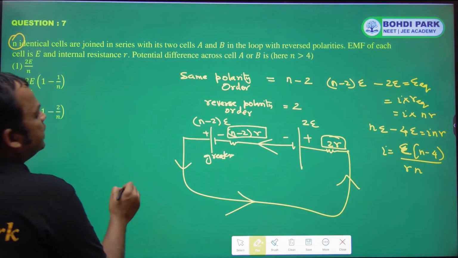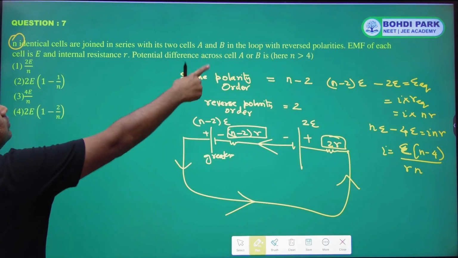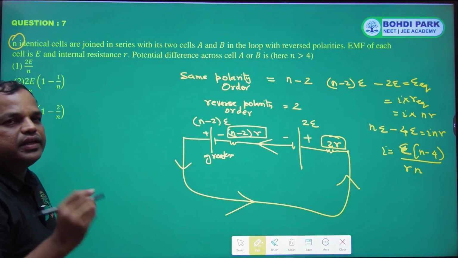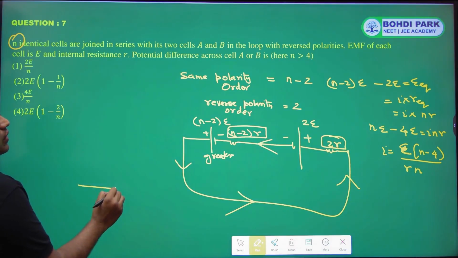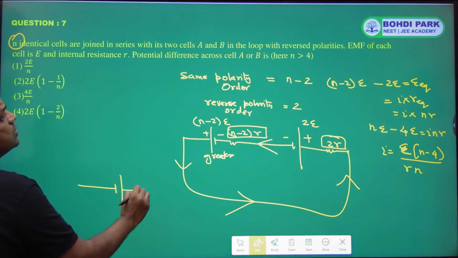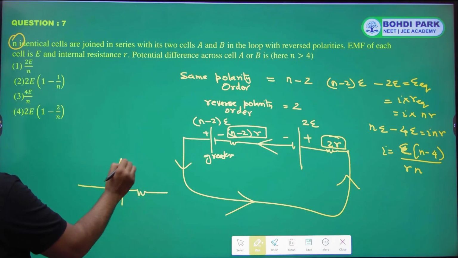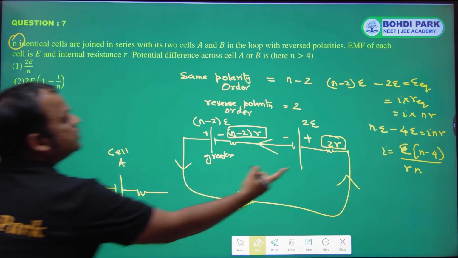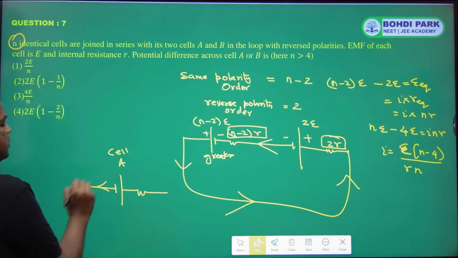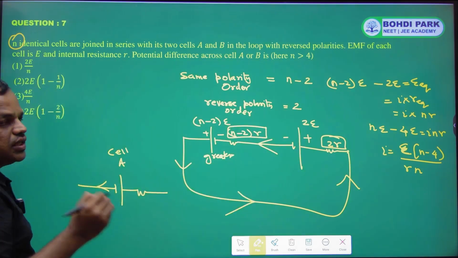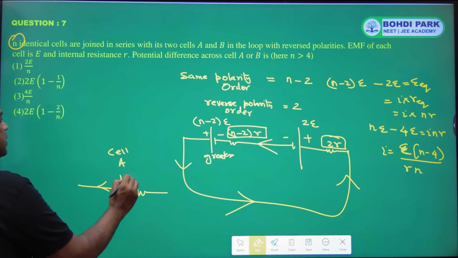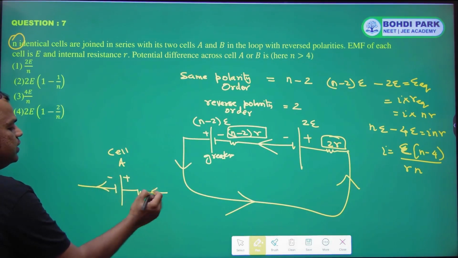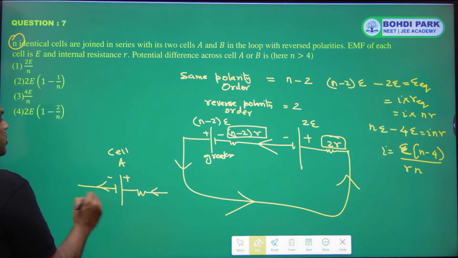So we have to find the potential difference across cell A or B. If we draw the cell A, it is looking like this. This is cell A and the current is going like this. So this cell is getting charged. Current is going through positive terminal.